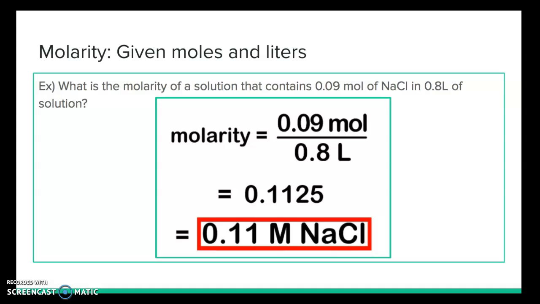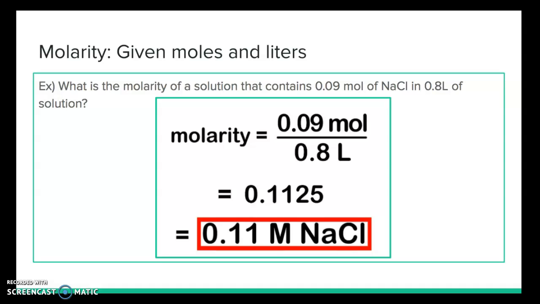For example, if we're given moles and liters, what is the molarity of a solution that contains 0.09 moles of sodium chloride in 0.8 liters of solution? All we need to do is divide the two. We put our moles of solute on top, our liters of solution on the bottom, and we get approximately 0.11 capital M, meaning molar, sodium chloride.